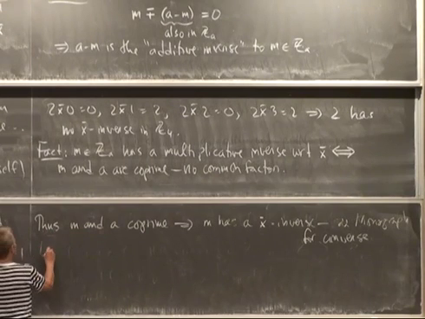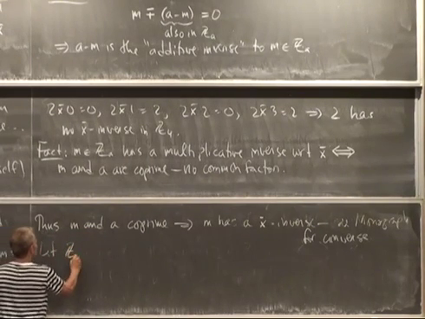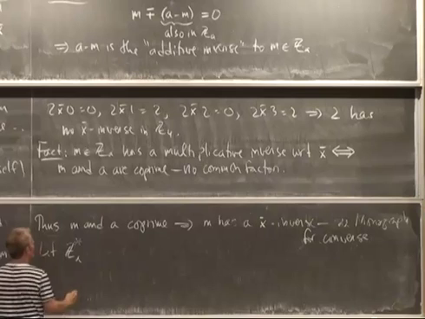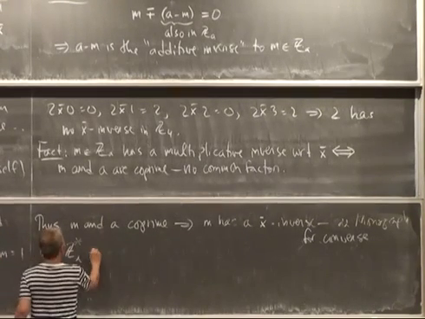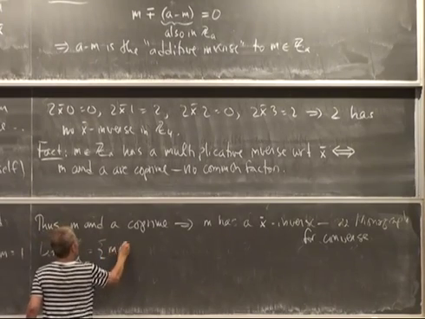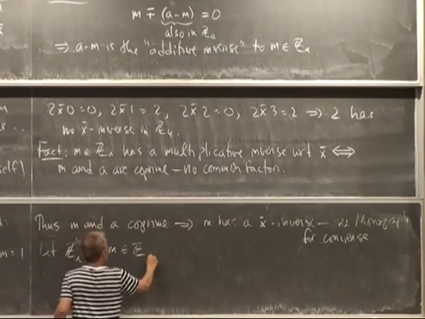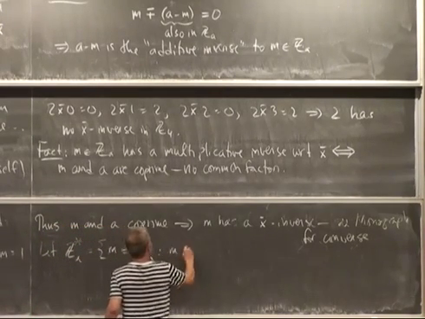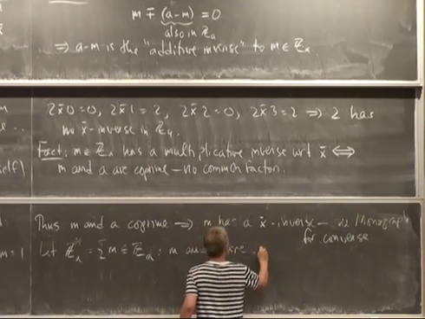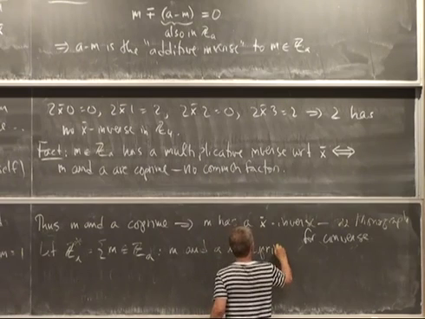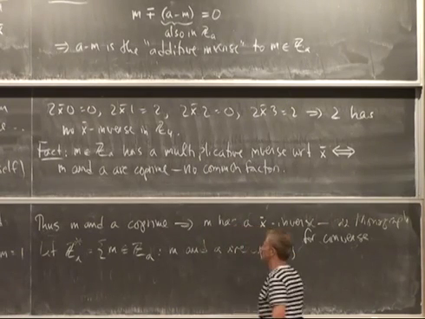Here's some notation. I'm going to let ZA star be the set of all M in ZA such that M and A are co-prime. This piece of chalk is not behaving well.